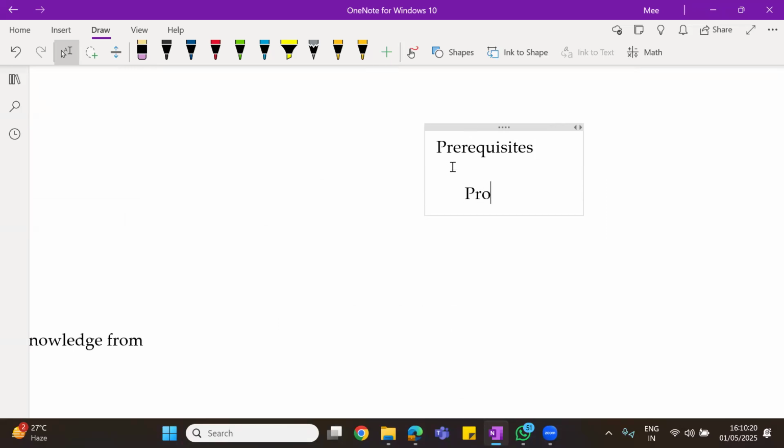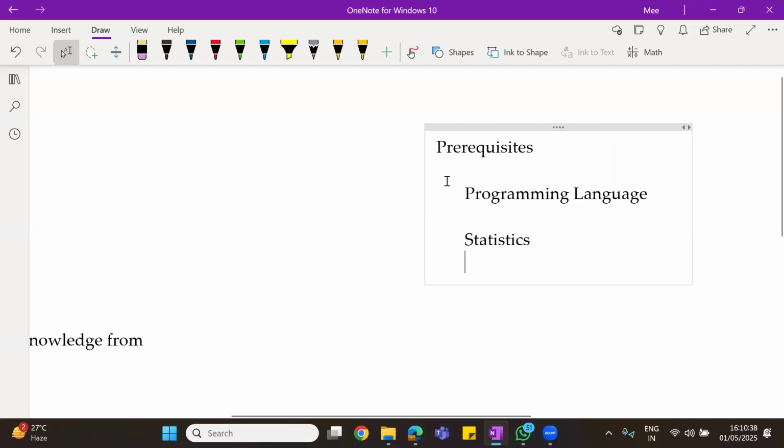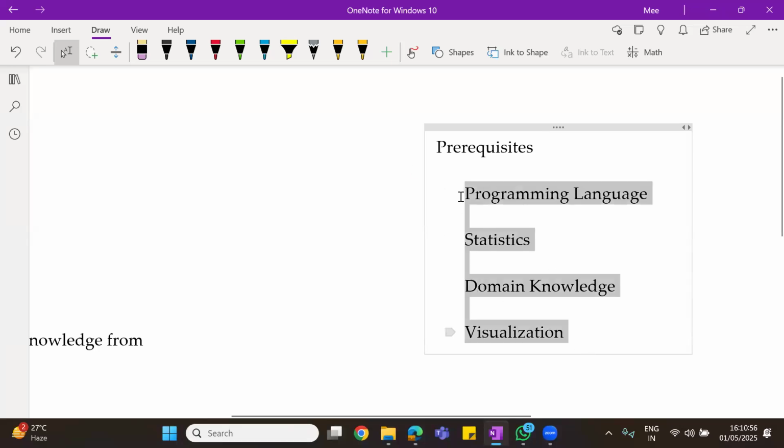The prerequisites are a programming language, statistics, domain knowledge, and visualization, along with machine learning, deep learning, all these things. These are the prerequisites for us to do this.